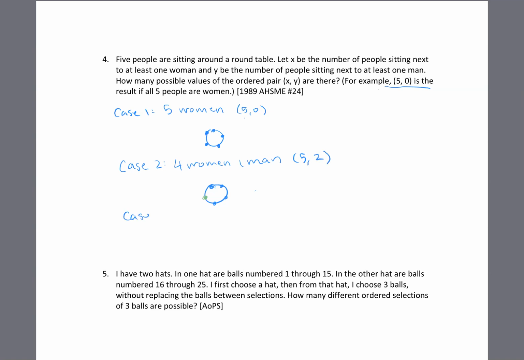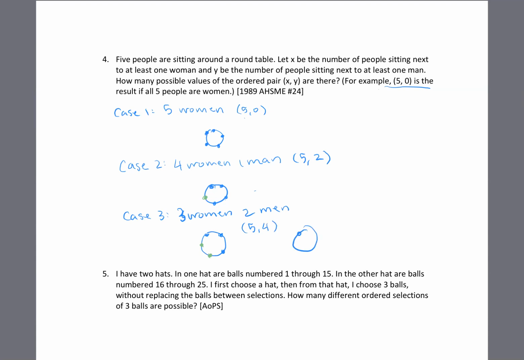And then case 3, we have 3 women and 2 men. There's 2 ways to do this. We can first have the 2 men sitting next to each other. Here everyone is seated next to a woman again, and 4 people are seated next to a man.